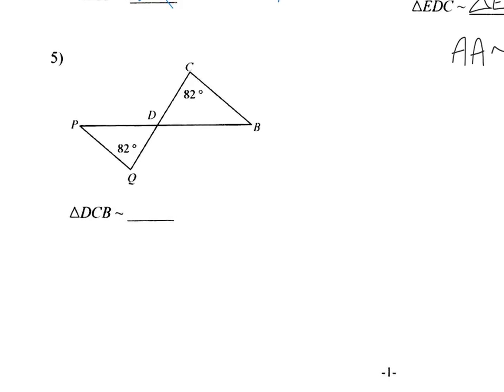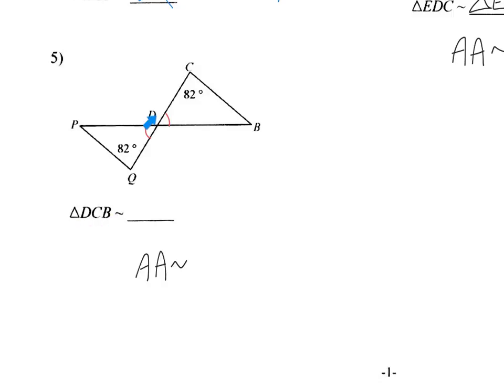So again, here we have vertical angles. And then since both of those two angles are 82, then we know these two triangles are similar already by what we just said a second ago, AA similarity. Because if two angles are equal, then we know the third one's going to be. We look at our similarity statement, DCB.